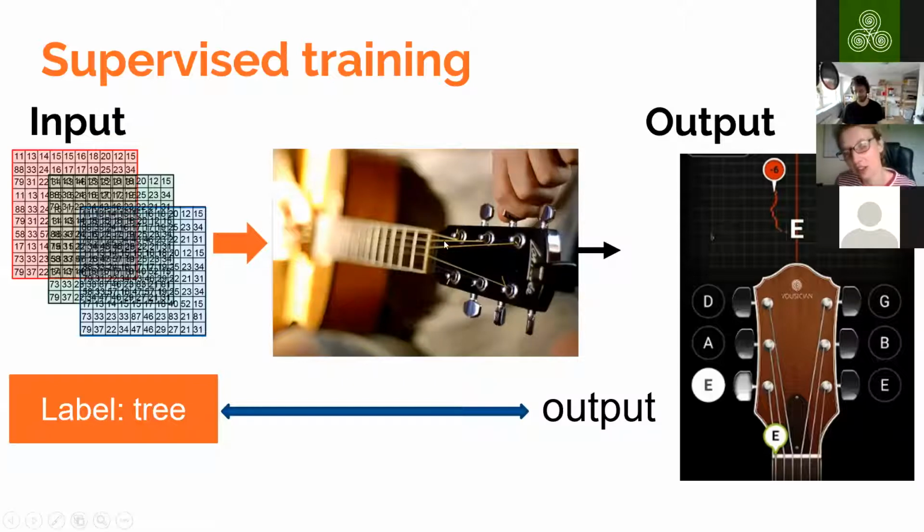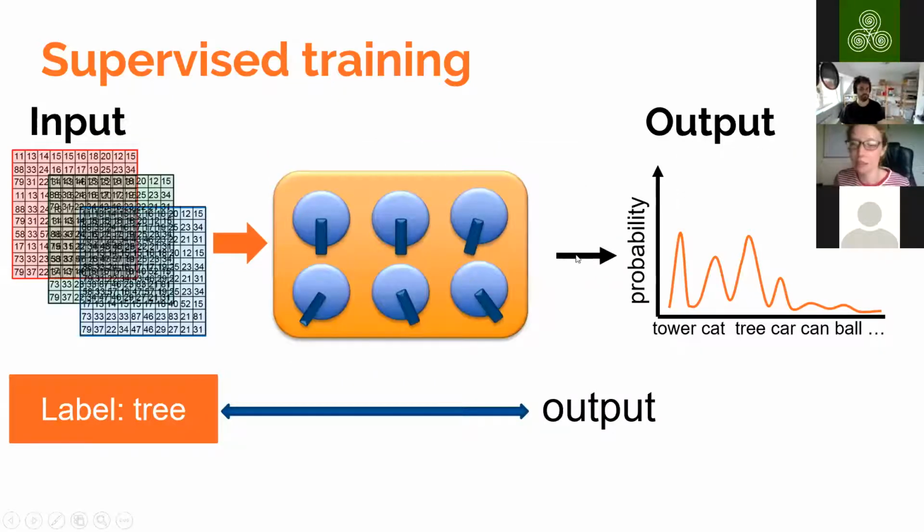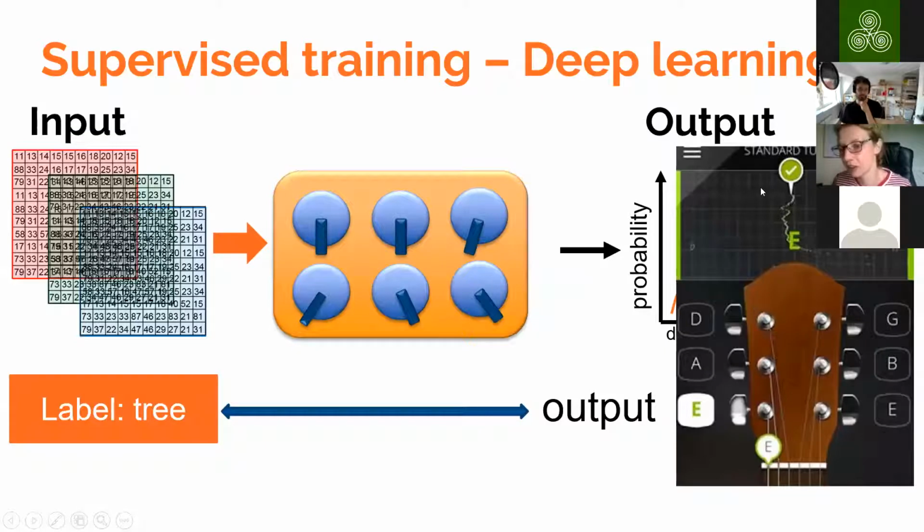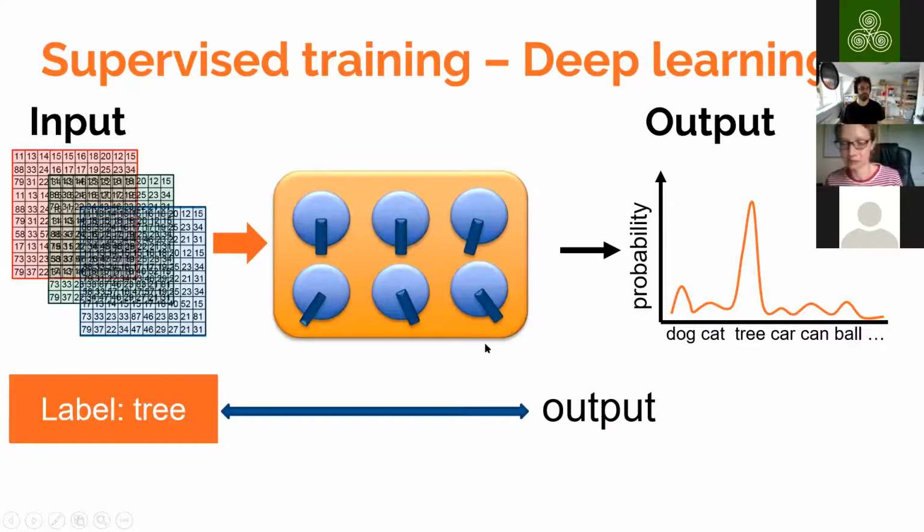So then I tune a bit, and I pull the string again, and again, and again, until my guitar tuner is happy, and then I see that this string is tuned. Likewise, we are doing something similar in computer vision architectures. When we tune them, we tune the parameters of that model to make sure that the output of the model corresponds to the true label.